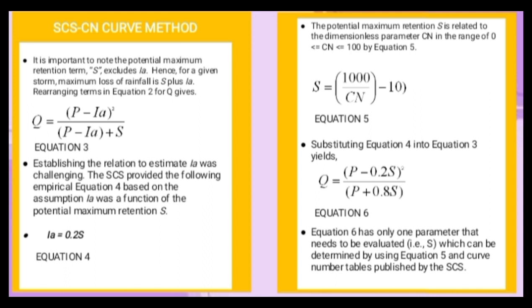So to get the value of S, S equals 1000 over CN minus 10.